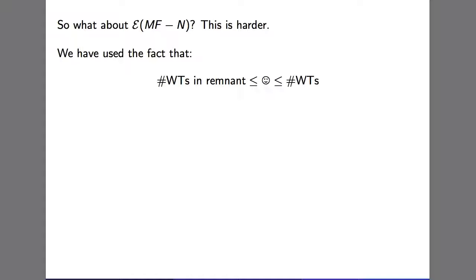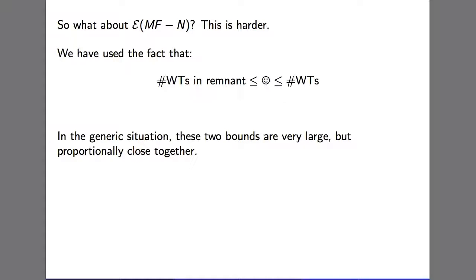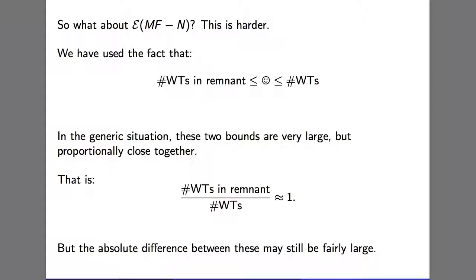In a generic situation, these two values on either side are very large, but proportionally they're close together. That is to say, this ratio is close to 1. But the absolute difference between these, because they are very large, could also be very large. That's why the statistical arguments I was talking about can't be used for the difference the same way as for the ratio.